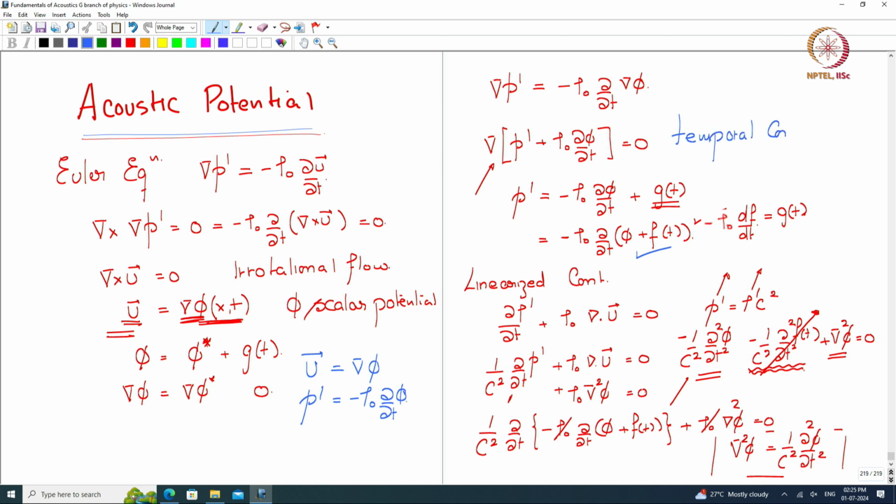So that is how we have resolved it. We have chosen that particular phi where this one is 0, because several of them satisfy this once the gradient is brought in. So that is one point I wanted to make.